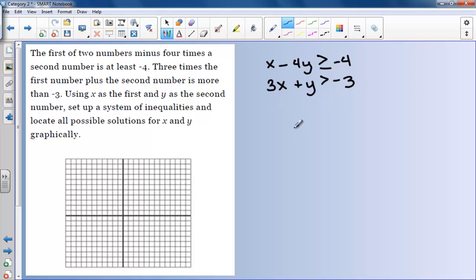So we set up our system of inequalities, and we're going to locate all possible solutions here.